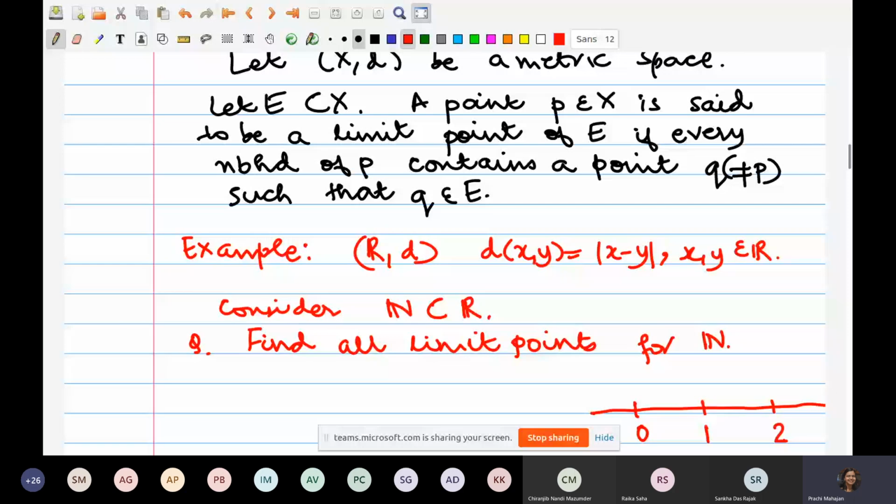If you say 1 is not a limit point, then by the definition you need to find one single neighborhood of 1 that does not contain any other point of the set of natural numbers besides 1 itself. Can you give me one such neighborhood?